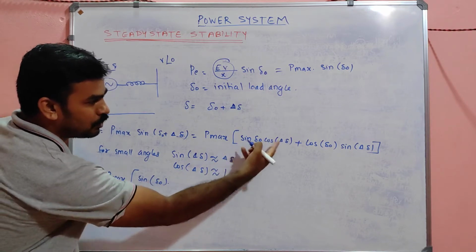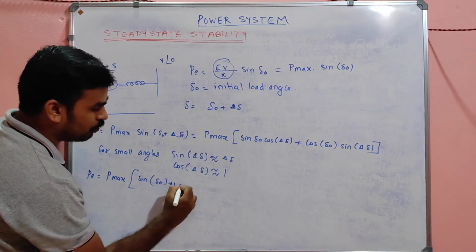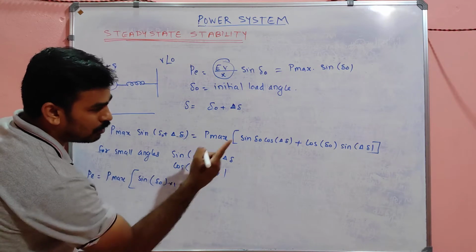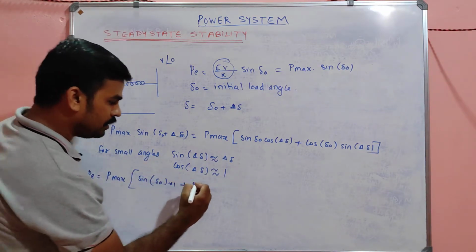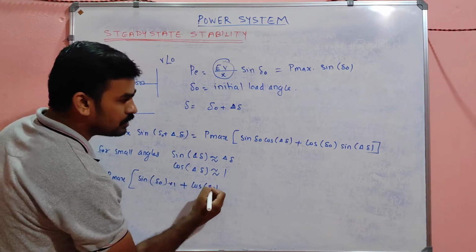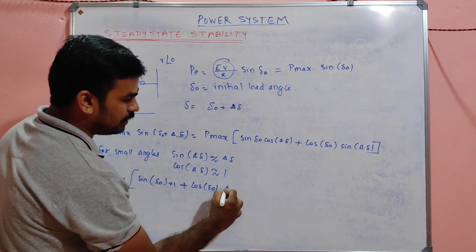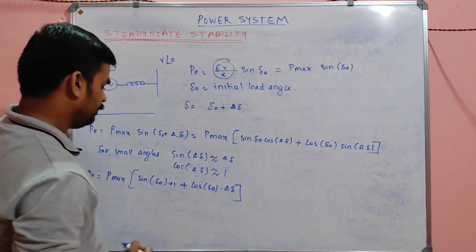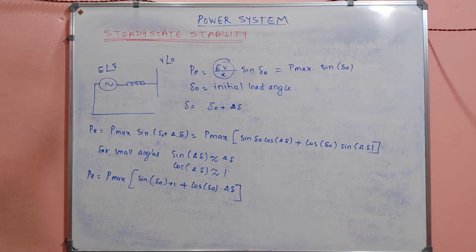Sine delta 0 cos delta can be represented like 1 plus cos delta 0 can be represented simply as cos delta 0, and sine delta can be represented simply as del. Is it clear, my dears? So sine delta 0 into cos delta 0 into del.